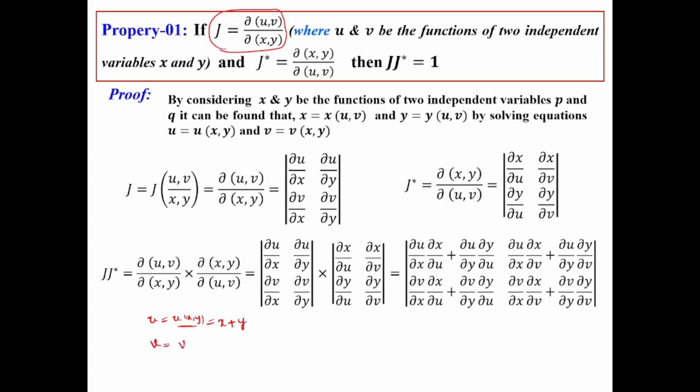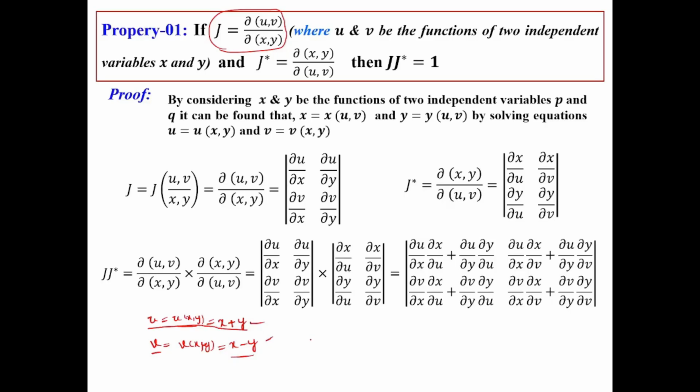Now if v is a function of x and y, let that equation be x minus y. Okay, so here we write u equals x plus y, v equals x minus y.